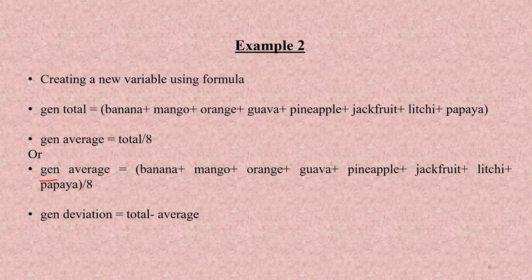You can use another name in place of deviation; it is your wish. Then again give space, then equal sign, give space, then select the total, use a minus sign, then select the average. It will automatically create a new variable deviation, which is nothing but the difference between total area and the average area under these 8 fruits cultivation.